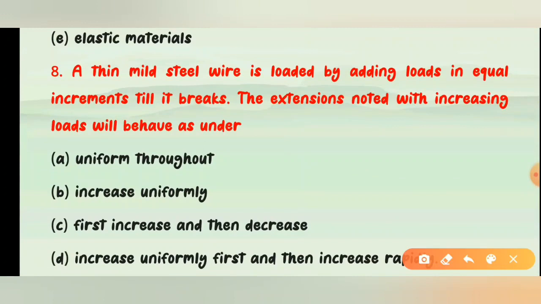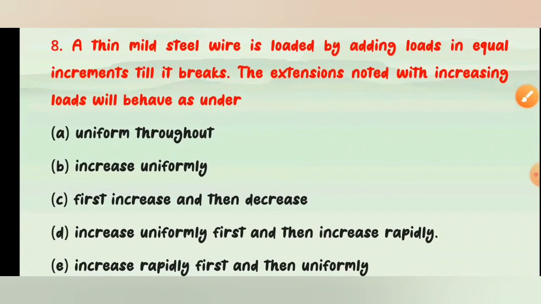A thin mild steel wire is loaded by adding loads in equal increments till it breaks. The extensions noted with increasing loads will behave as under.